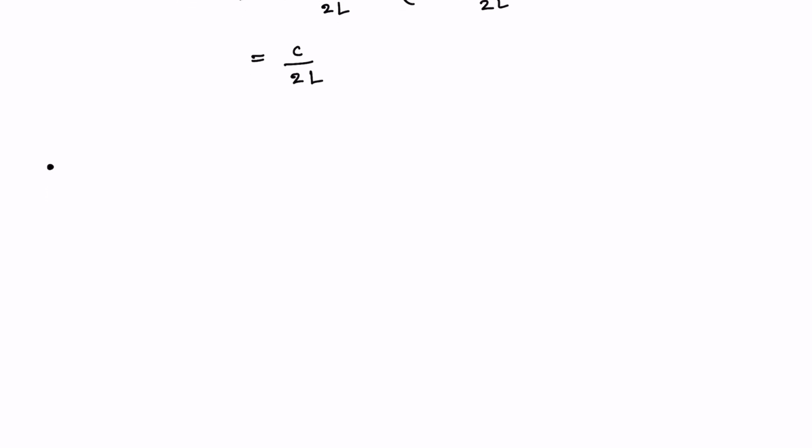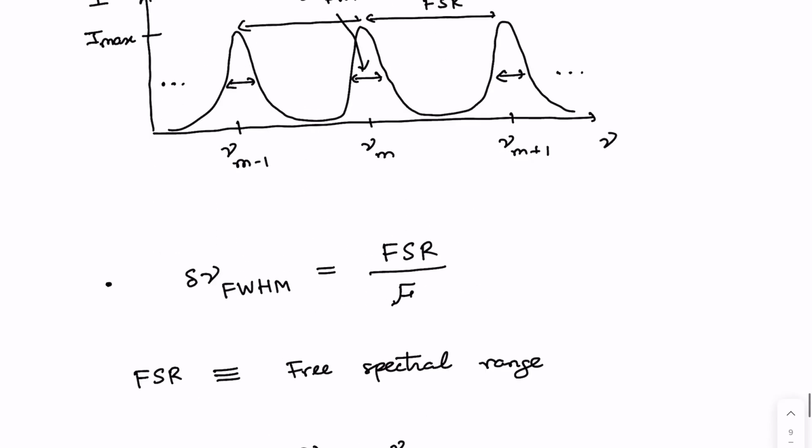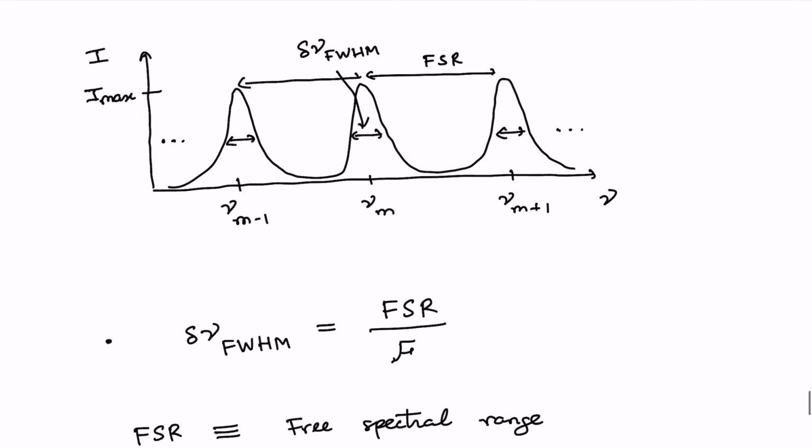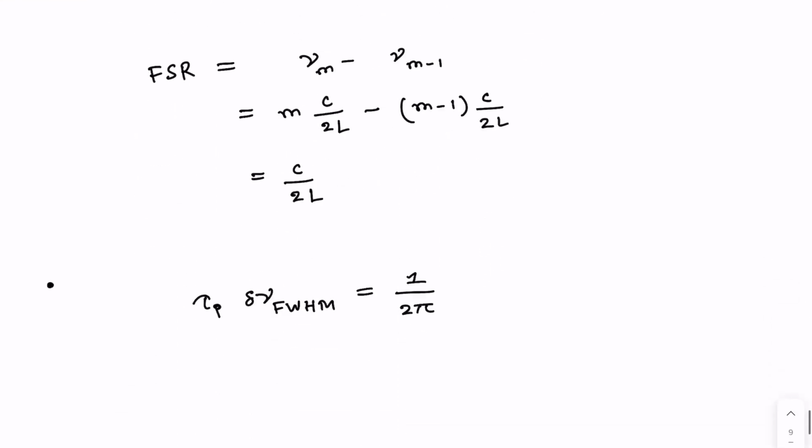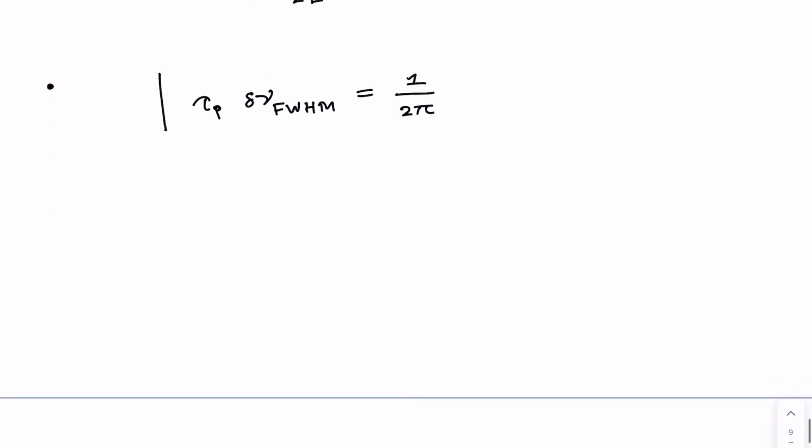This is given by the cavity uncertainty relation: T_P is the photon lifetime, and the bandwidth delta nu FWHM is equal to 1 by 2 pi T_P. So if you have a very sharp peak in this intensity versus frequency plot, that means your delta nu FWHM is very small, which in turn means, because of this uncertainty relation, that the lifetime of the photon is higher.